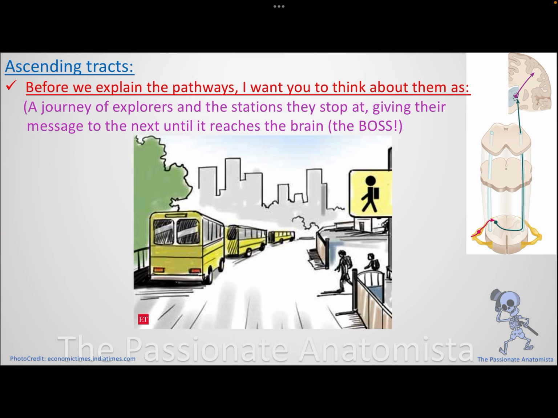So we have information coming to us. It's going to stop in the nuclei of the sensations, remember, in the posterior horn. And then we're going to ascend up and give it to the secretary of the brain, which is the thalamus. It's our relay station. Anything that goes to the brain needs to stop at the secretary so that the thalamus can decide which area it should go to.